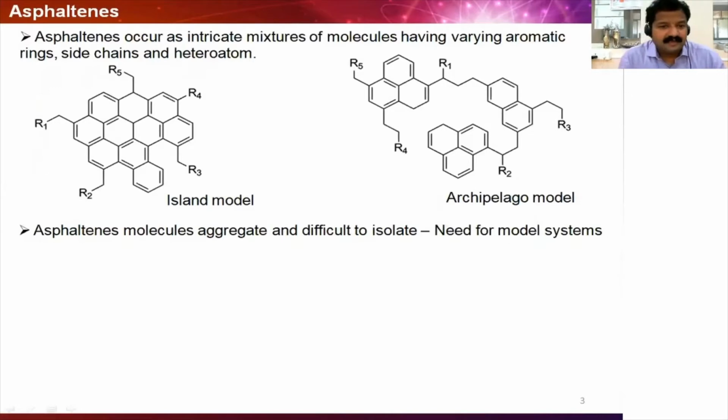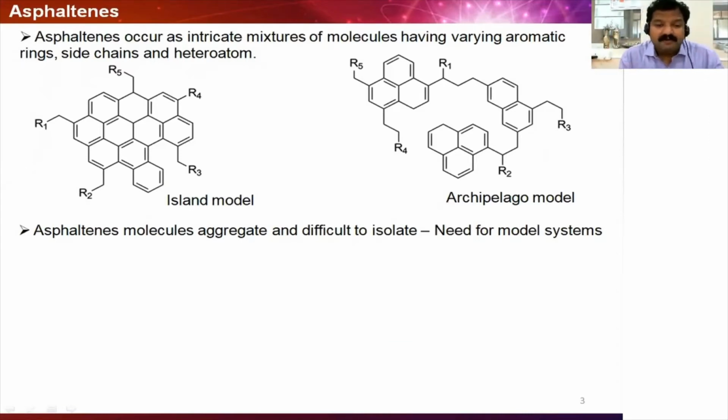Since they are a mix of thousands of compounds, their basic structure is that they have a polycyclic core, that is, fused aromatic rings with appended alkyl side chains, and also what are called heteroatoms. These are atoms like sulfur, oxygen, and nitrogen present in this aromatic core structure.